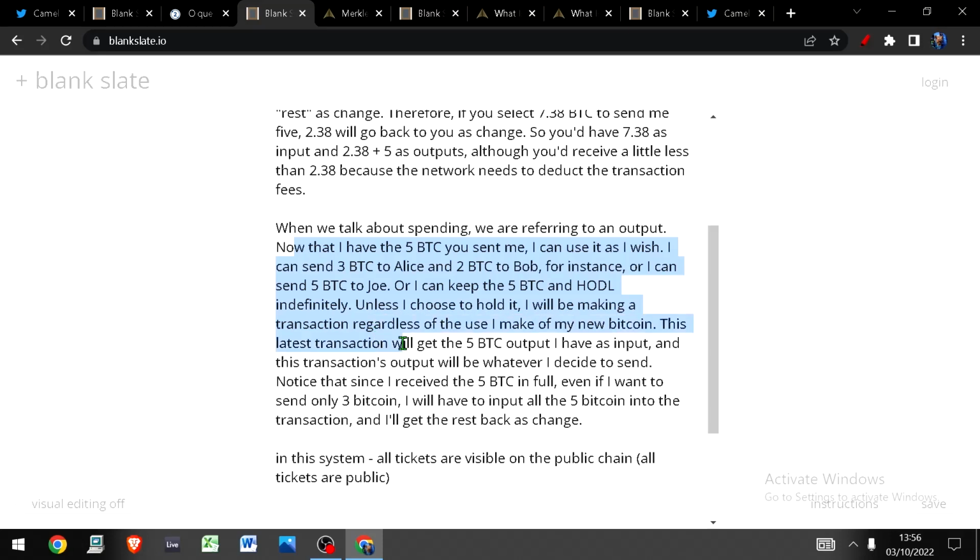This latest transaction will get the 5 Bitcoin output that I have as an input, and this transaction's output will be whatever I decide to send. So notice that since I received 5 Bitcoin in full, even if I only want to send 3 Bitcoin, I will have to input all 5 of those Bitcoin into the transaction and I'll get the rest back as change.